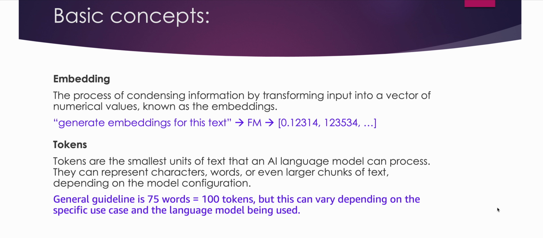So here you can see an example where I am passing this text, generate embedding for this text, to a foundational model, and it is generating some floating point numbers on the right hand side. This array of floating point numbers is nothing but the embeddings. And these embeddings are really useful when you need to perform similarity searches in the database.